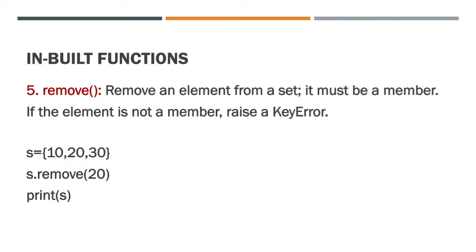The fifth function in the set is the remove function, or the remove method. Remove actually deletes an element from a set, but in order to use remove, the element that we want to delete should be a member of the set. If the element is not a member, then it's going to raise a key error.